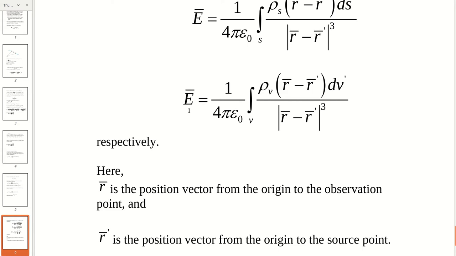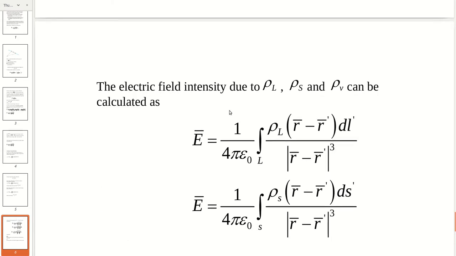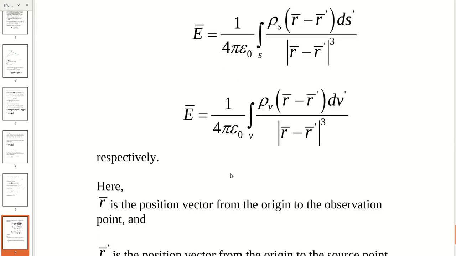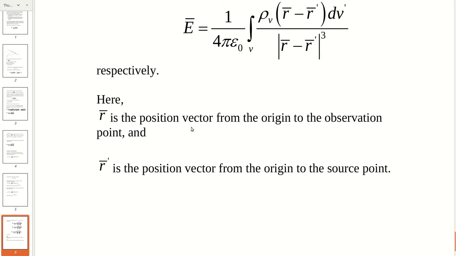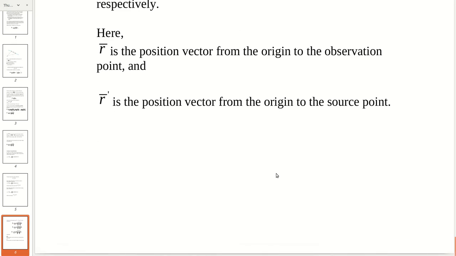You will get your E. And of course, if you multiply by Qt, another Q, you will get the force. R is the position vector from the origin to the observation point.